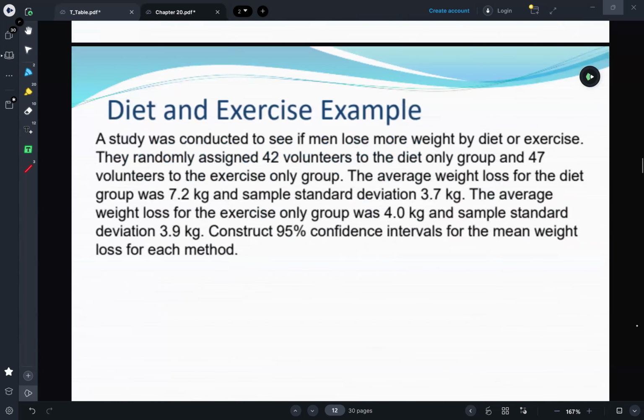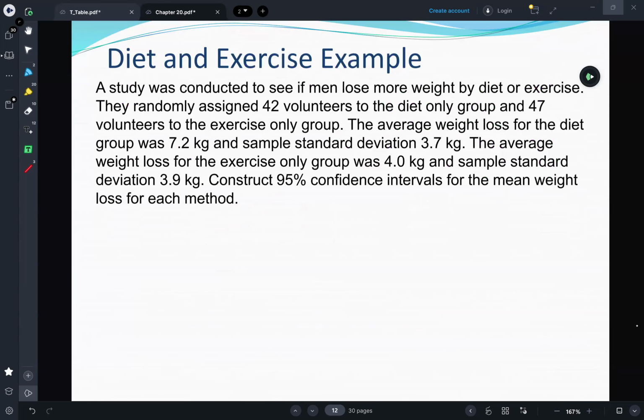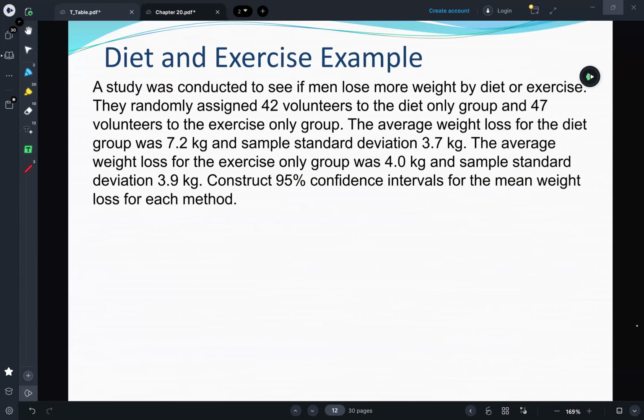Next one, diet and exercise example. This is coming from an actual study conducted to see if men lose more weight by diet or exercise. So which one will it be? We have 42 volunteers for a diet only group and 47 volunteers for the exercise group. The average weight loss for the diet group was 7.2 kilograms, and the sample standard deviation, there's our clue, it's not Z, it's going to be T, 3.7 kilograms.